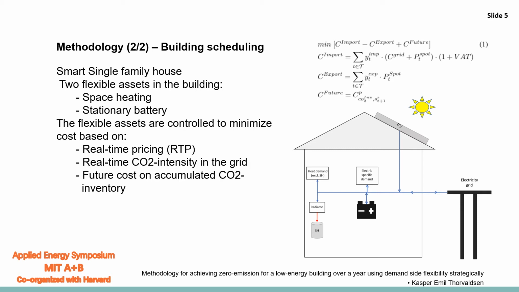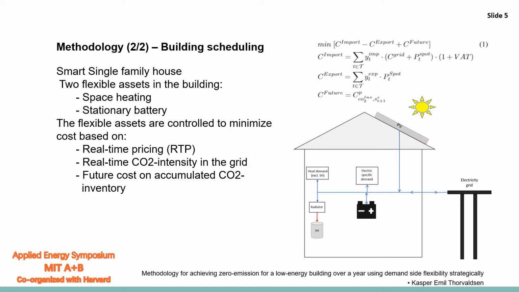We also have some non-flexible assets like electric specific demand and heat demand, also covered by electricity. All of this is controlled optimally so that we can minimize the total electricity cost, which is based on the real-time pricing and the real-time hourly CO2 intensity in the grid, which then has an impact on the future cost and accumulated CO2 inventory, which is represented as a nonlinear future cost based on the SDP algorithm we have shown.